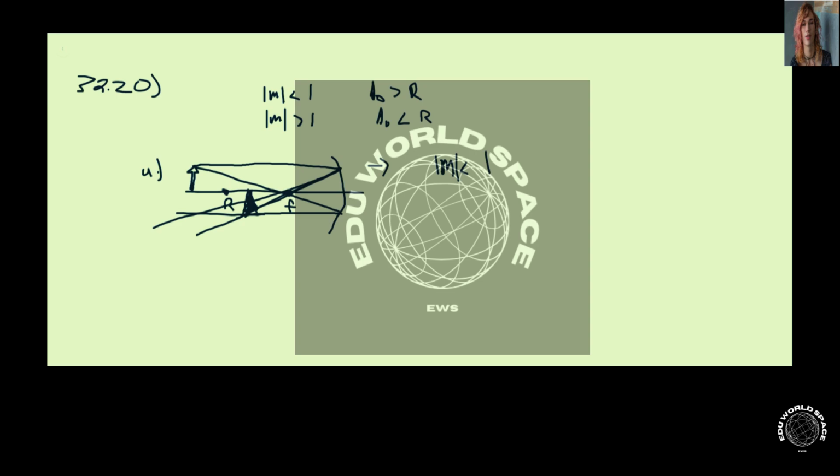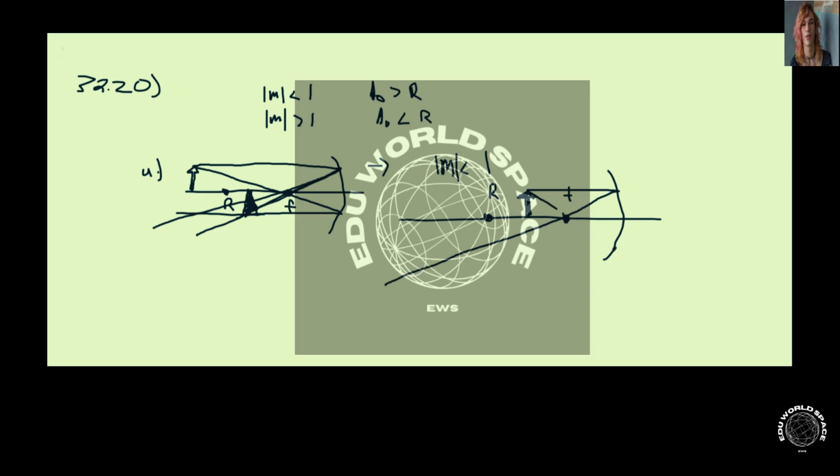Cool. So now let's draw the second case. We'll draw our mirror again. There will be the focal length, and the radius of curvature. So now let's put our object right here. We have a parallel line coming in, and this is going to go straight through the focal length and back out.